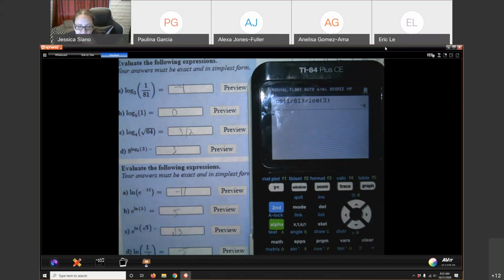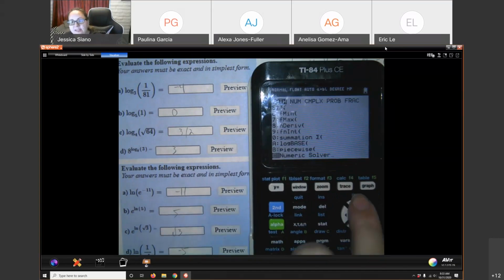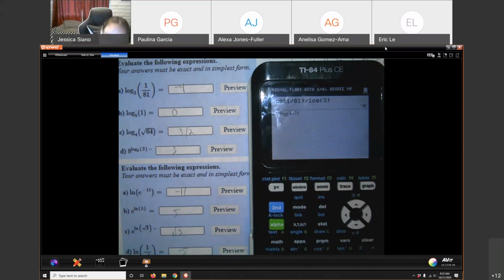Now, if you have a TI-84, you can press the math button, and you're going to scroll down a little bit, but it's there. See how this says log base? So that would be log base 3 of 1 over 81. They're the same thing. So if you have a TI-84, you could do it either way.